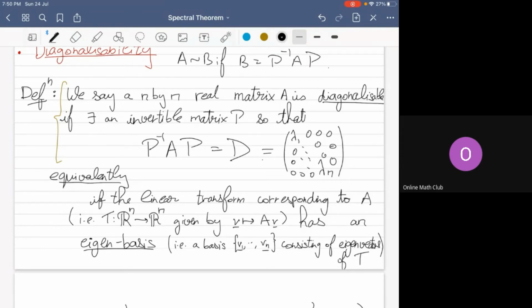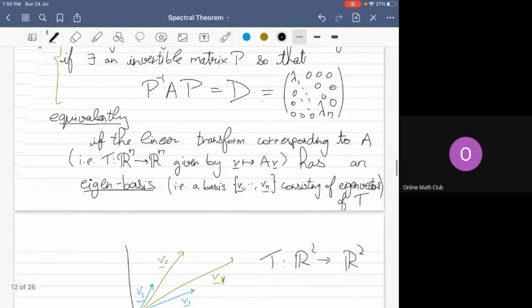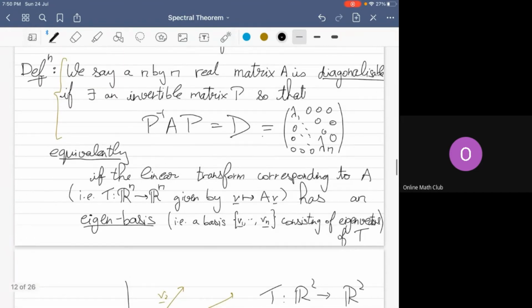And so diagonalizability says that A is diagonalizable if A is similar to some diagonal matrix. And don't worry about this definition right now.